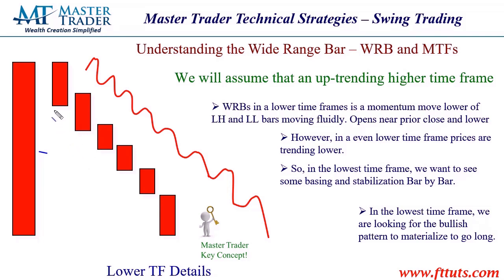If we break that down, let's just assume this is the monthly bar, and here we're looking at a weekly bar, or this could be a weekly and a daily, and this could be a 60-minute chart. So sometimes, even as swing traders, we may decide to look at a 60-minute chart. That isn't the focus of this class, but you do understand the concept here from what I'm explaining.